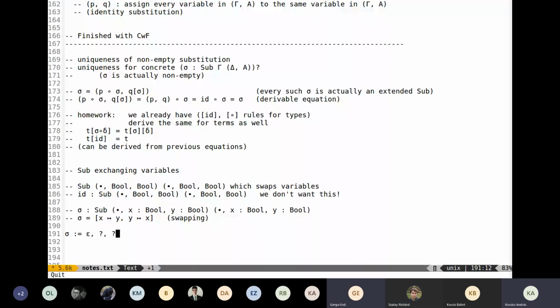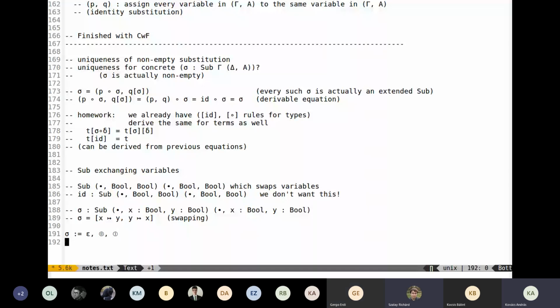I guess the first hole we can fill with Q, because that's the innermost variable in the original context. And the other one would need to be Q of P, like Q composed with P, maybe. If you are using just de Bruijn indices, it's not that hard, because then we can write here 0, and then here 1.